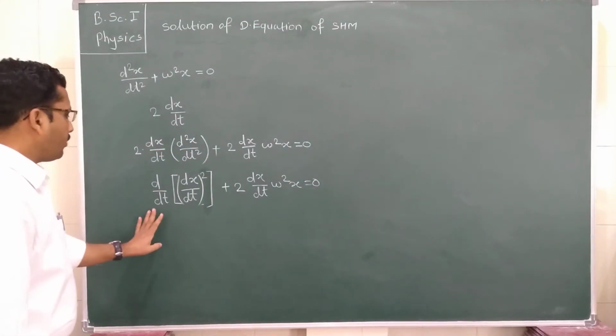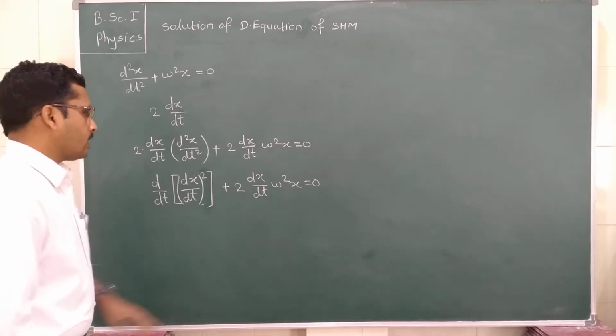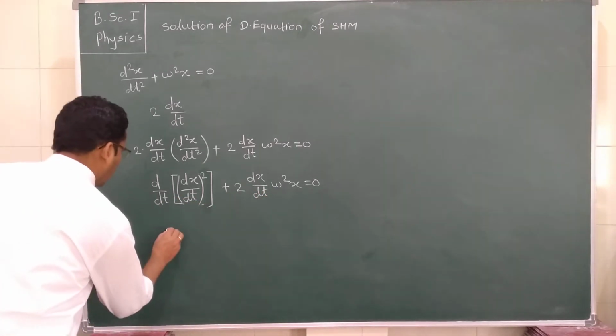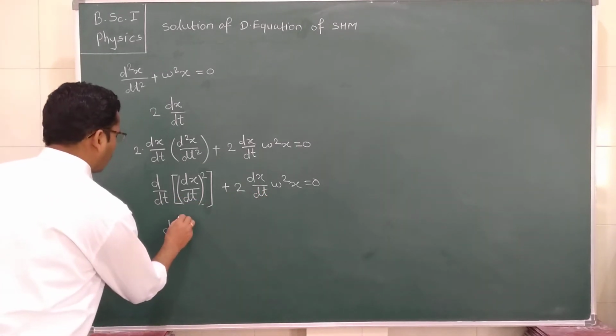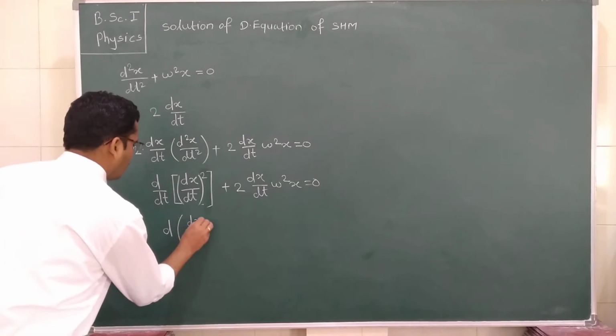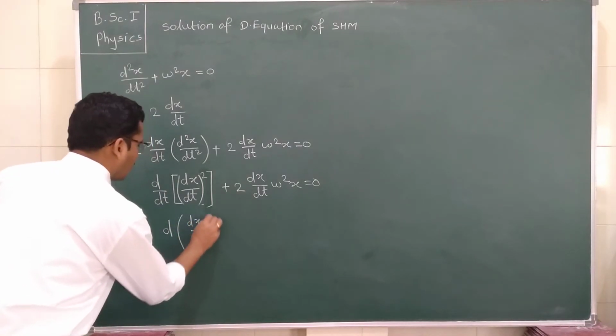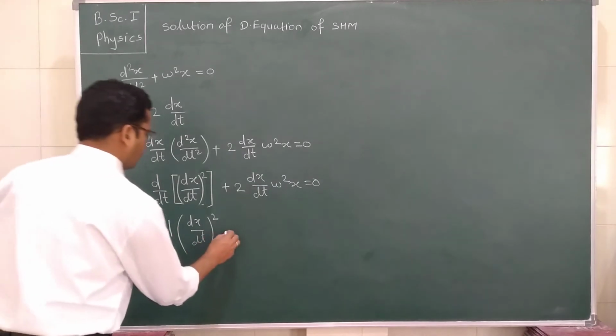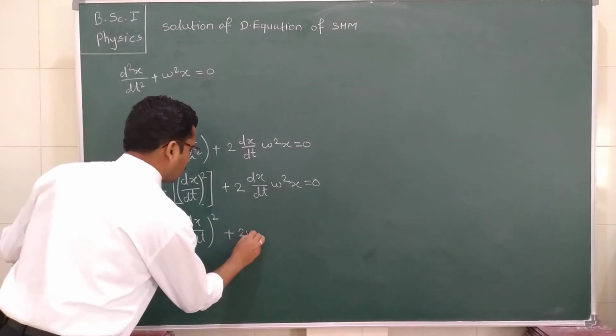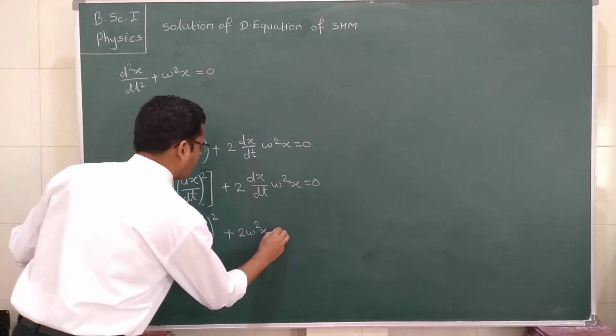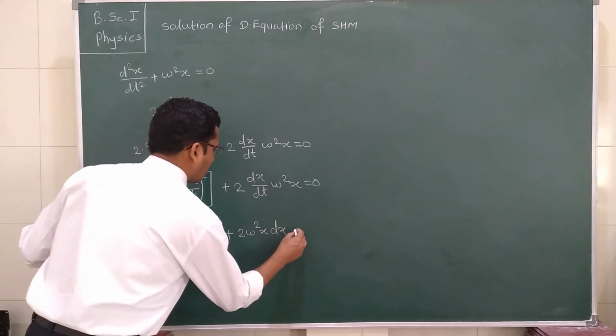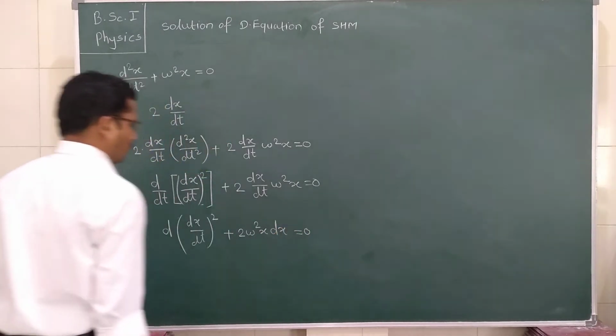Now we remove this dt on both sides, so we write here it is derivative of dx by dt squared plus twice omega square x into dx is equal to 0.